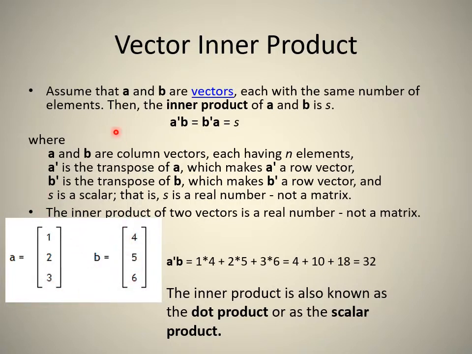Then the inner product of A and B, let's call that S, would be A transpose, remember where the columns become rows, so that the A will then change into a row if it was a column vector, times B, and that is also equal to B transpose times A. So where B, a column vector in this case, will become a row multiplied by the column vector A. We are allowed to do that because they have the same number of elements, so the number of rows in A will be equal to the columns in B, or vice versa.